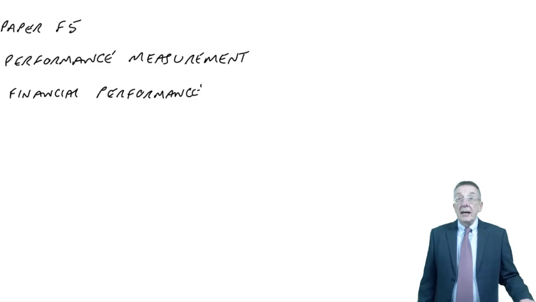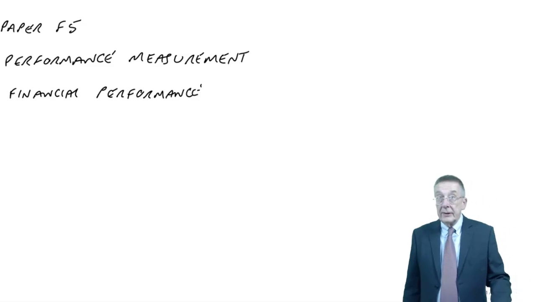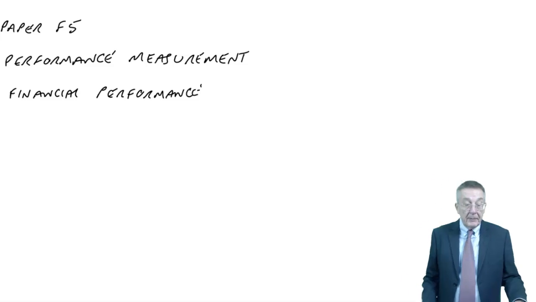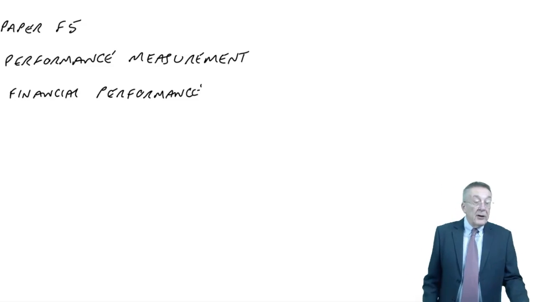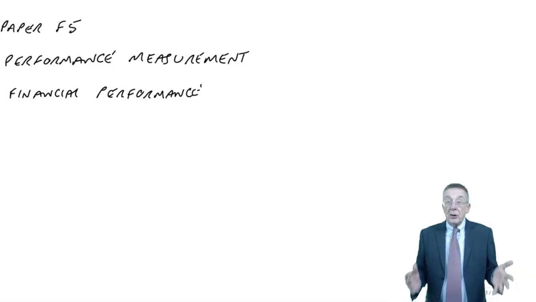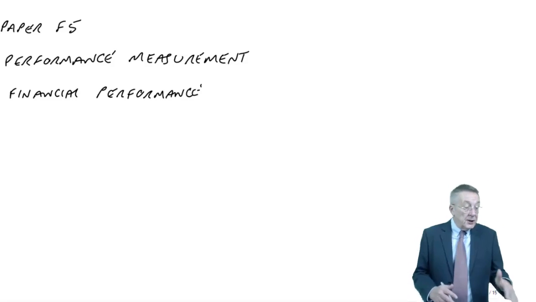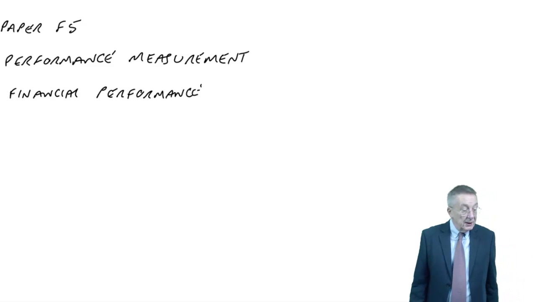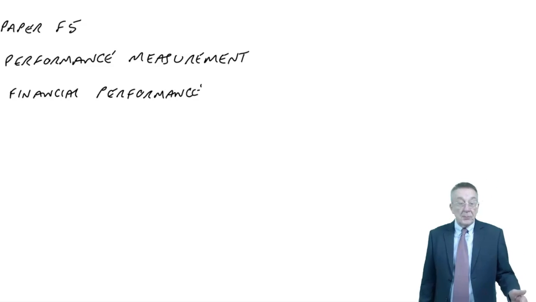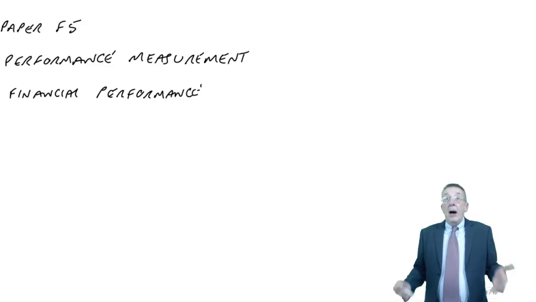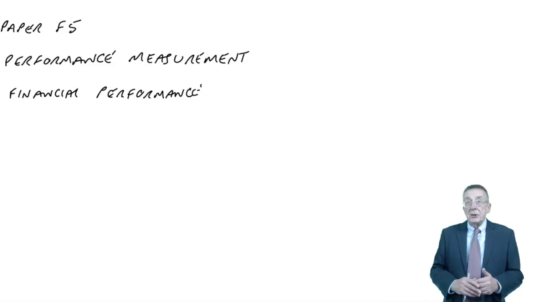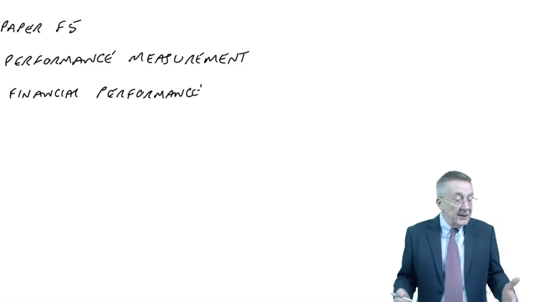Let's go through the standard measures, some of which could be relevant in a Paper F5 question. First of all, most important of all is profitability, and of course it's silly just to look at the profit in isolation. 2007's profit is higher than 2006, fine, but just to look at absolute profit is a bit silly.